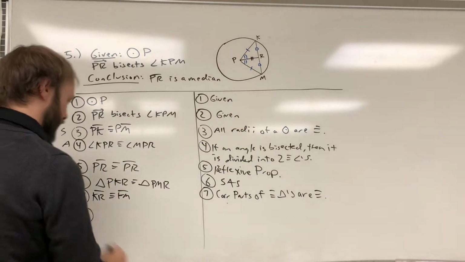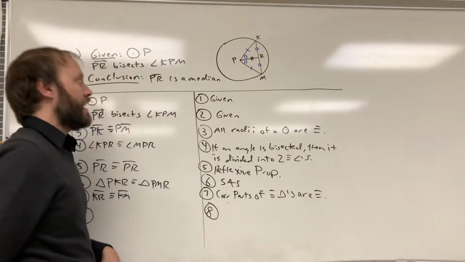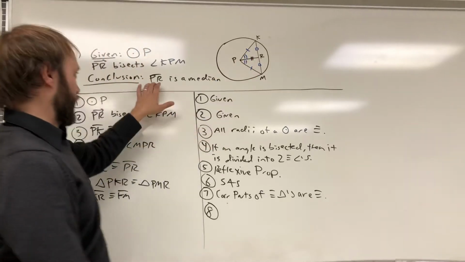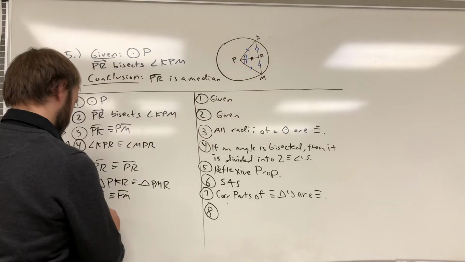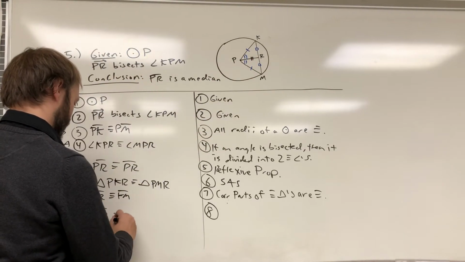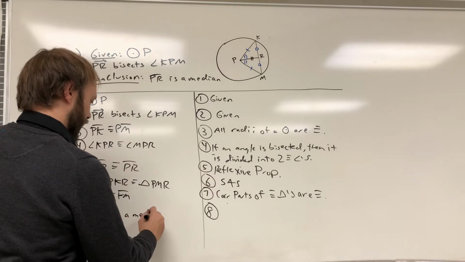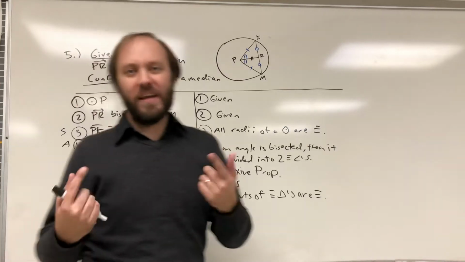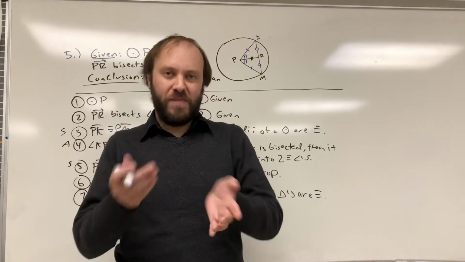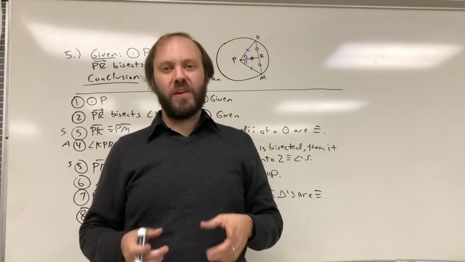And the final step here, number 8, I want to say that PR is a median, okay? That's what they were asking me to show here. PR is a median. And really important here, if they give you a median, you can basically just take whatever from that you want, which is usually going to be the congruent segments.